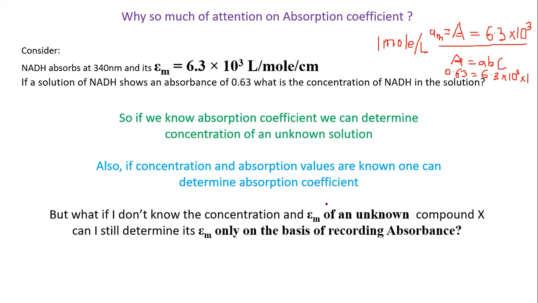Because the compound is unknown, its absorption coefficient is also unknown, and in a matter of hurry to find out the absorption coefficient, you have dissolved that compound in some amount of, say, distilled water, and you forget, while doing this, to find out its concentration. So you don't know the concentration, you don't know the absorption coefficient. Can you still find out the absorption coefficient just by recording absorbances of this particular solution of compound X? Did you get the question? Is the question clear?